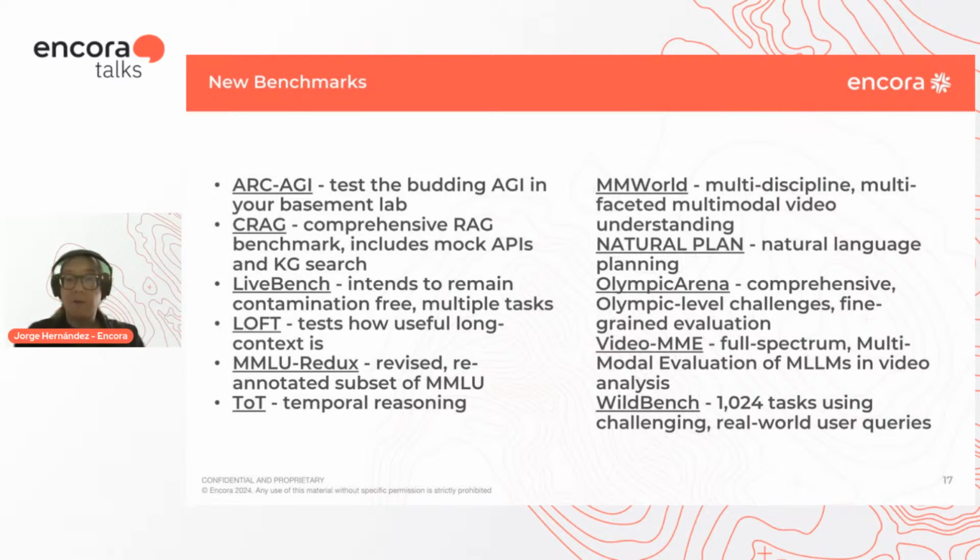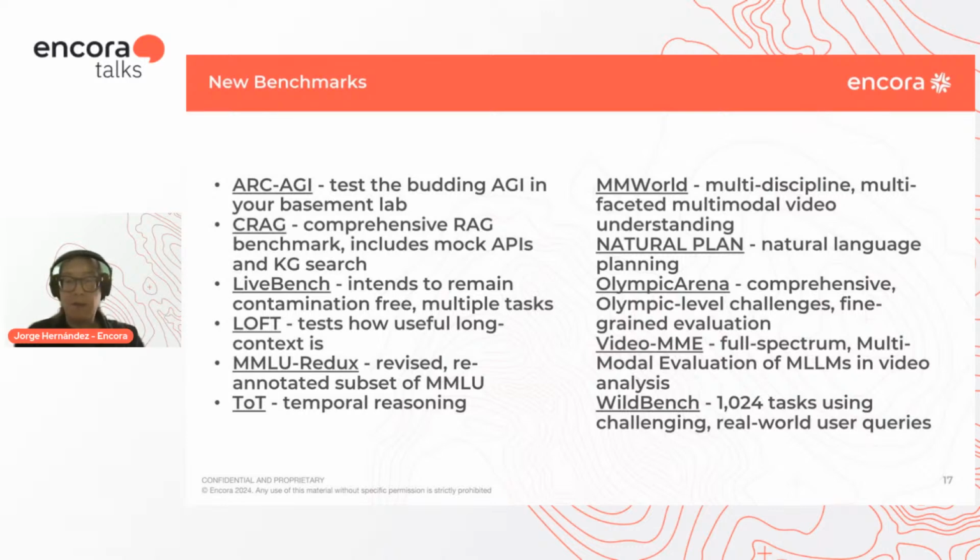There's MMLU Redux, which is a revised and annotated subset of MMLU. I suggest using that instead of MMLU. ToT for temporal reasoning. And of course, we get into multidiscipline, multifaceted, multimodal stuff with MMLU World, Video MME, and Natural Plan for planning.